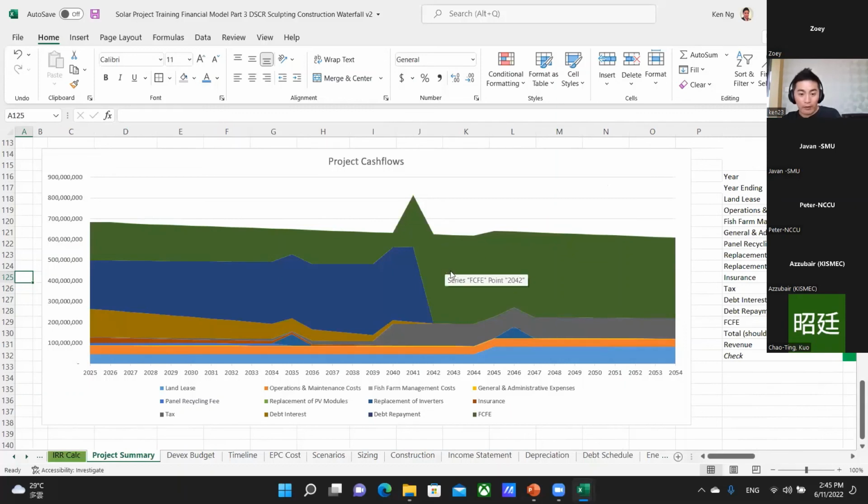But we've already fully paid off our debt. So there's no more debt financing to pay off, which means that we're getting a big chunk of dividends every year thereafter. And this has a meaningful impact on our equity IRR returns. Right. So this is an upside case that we're running, that most developers would take a look at in terms of what's the upside in being able to extend the life of the project, because the panels will last more than 20 years.